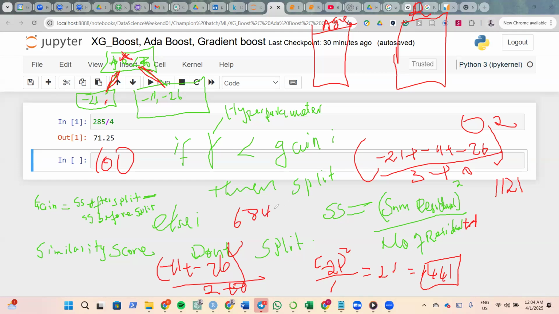If you take 684 minus the value before split, that means yes, you are supposed to split this one again.